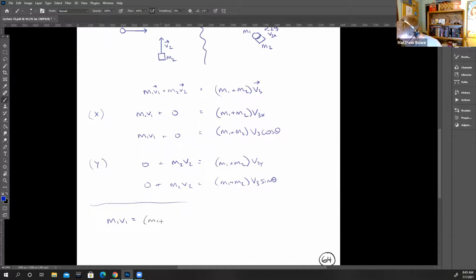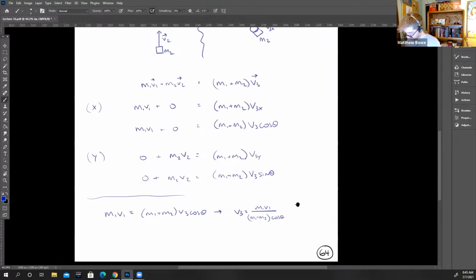That is M1 plus M2 times cosine theta, solving for V3. All right.